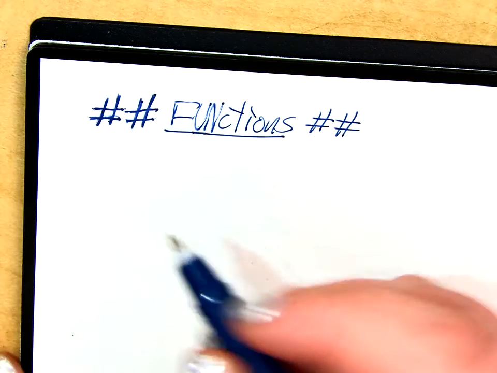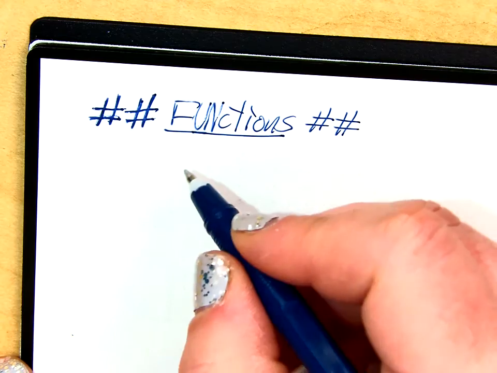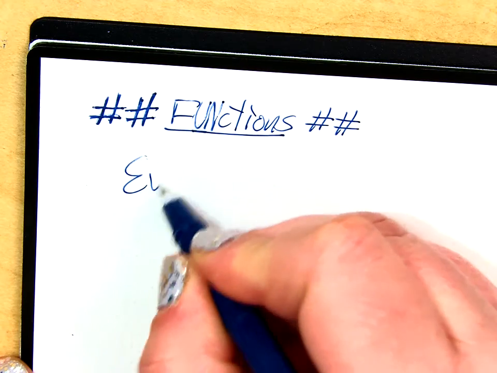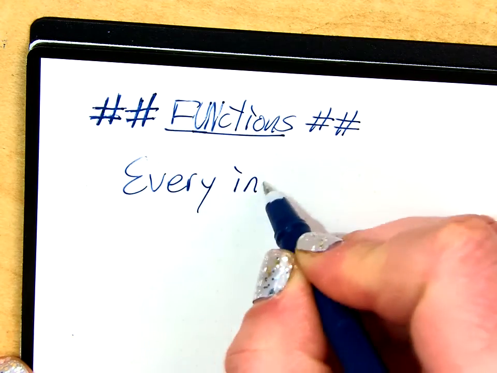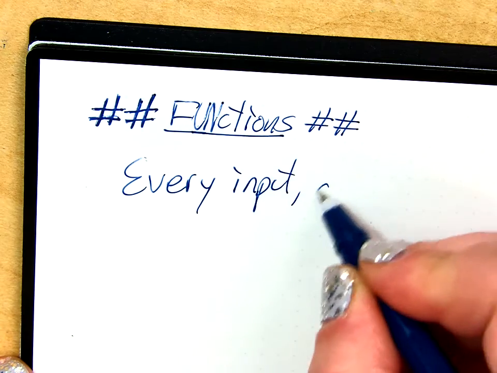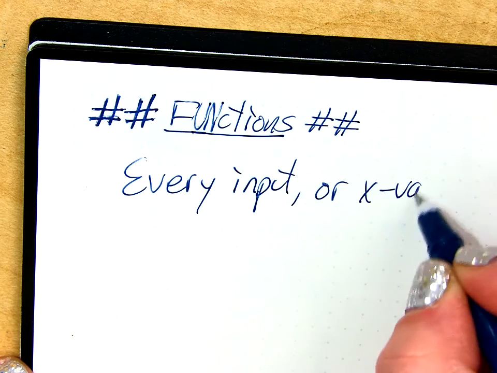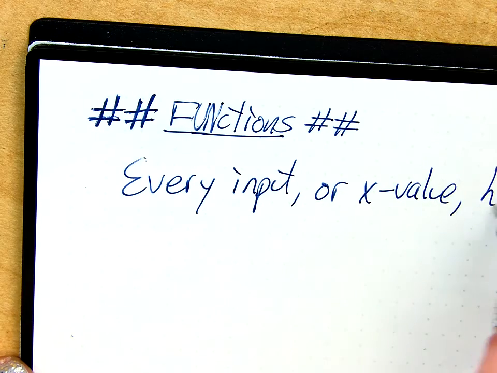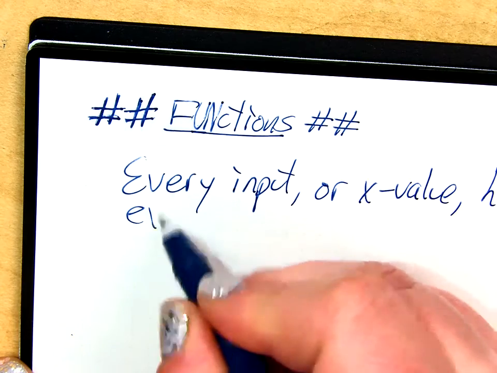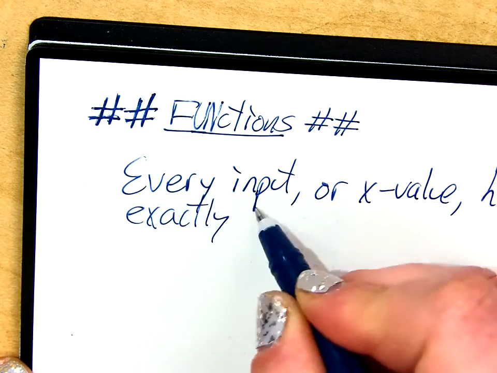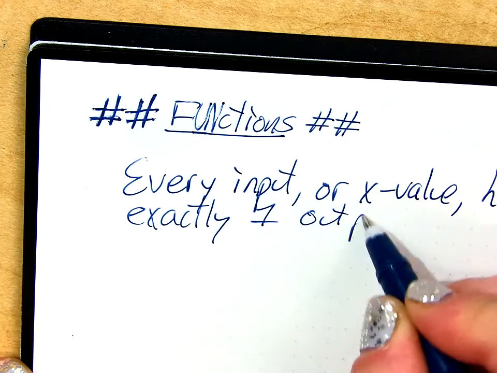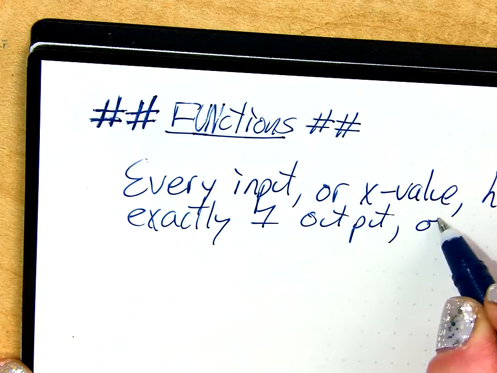Okay? So one way to describe functions: every input or x value has exactly one output or y value.